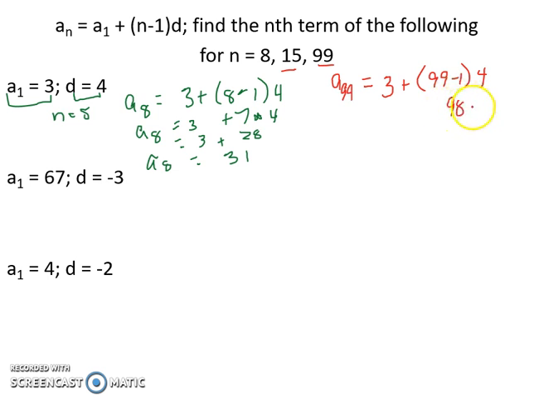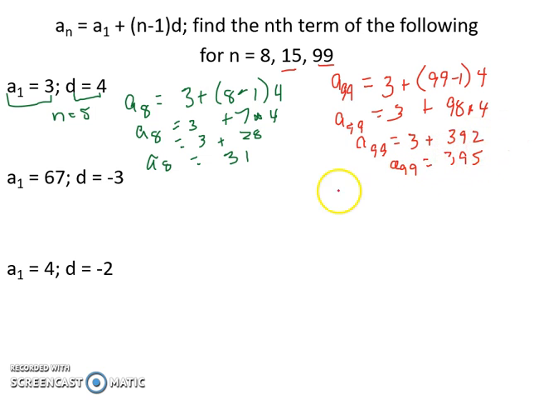So it's 98 times 4 plus 3 is our A99. So A99 equals 3 plus 392. So A99 is 395.